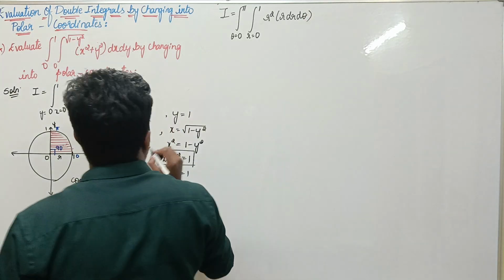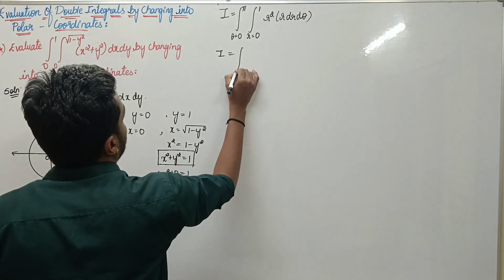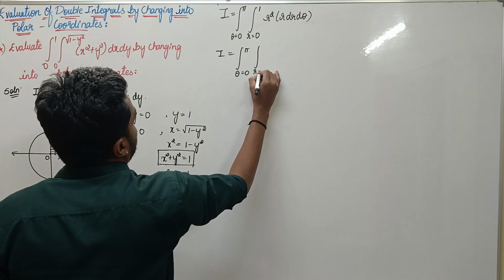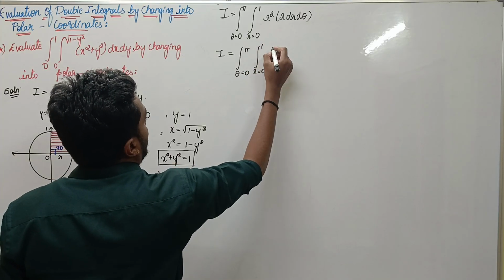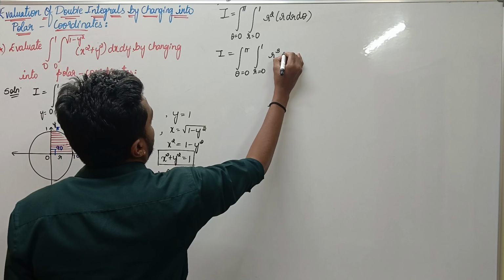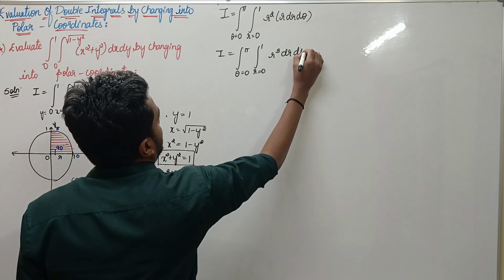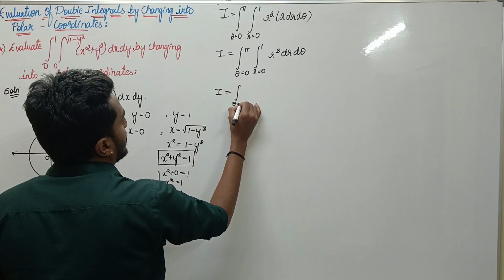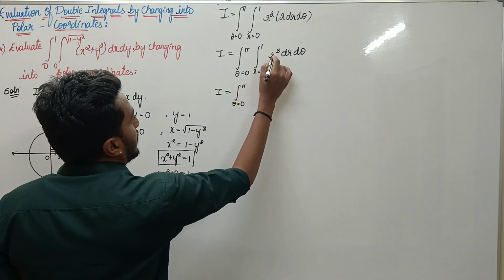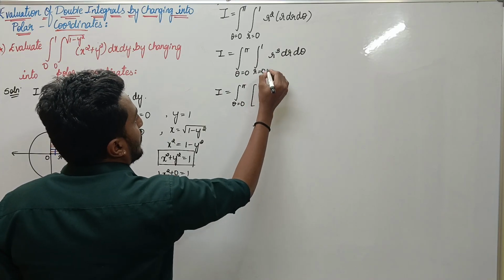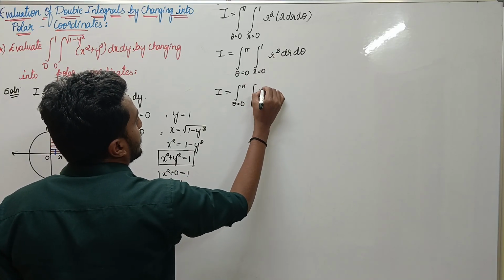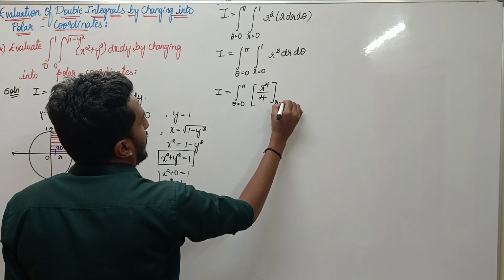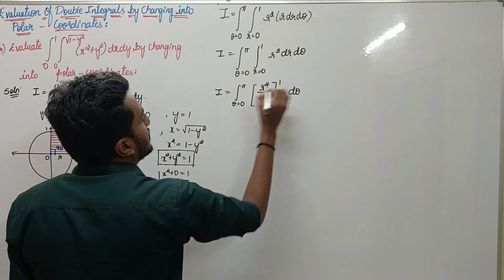R square into r, we get r cube. Theta varies from 0 to pi, r varies from 0 to 1, r square into r gives r cube, dr d theta. Integrate with respect to r. I will be equal to theta 0 to pi, and r cube integrates to r power 4 by 4, with limits r from 0 to 1, into d theta.